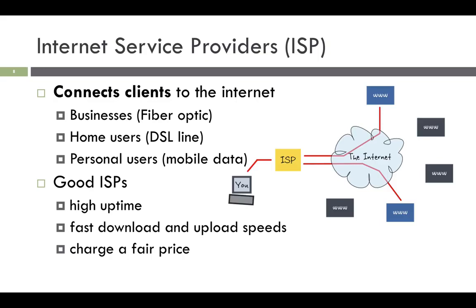Your mobile network provider is an ISP since they provide you with on-demand Internet access to your smartphone. ISPs should be reliable and have high uptime, meaning they always allow a connection to the Internet. ISPs should offer fast download and upload speeds. Finally, ISPs should charge a fair price for their service.